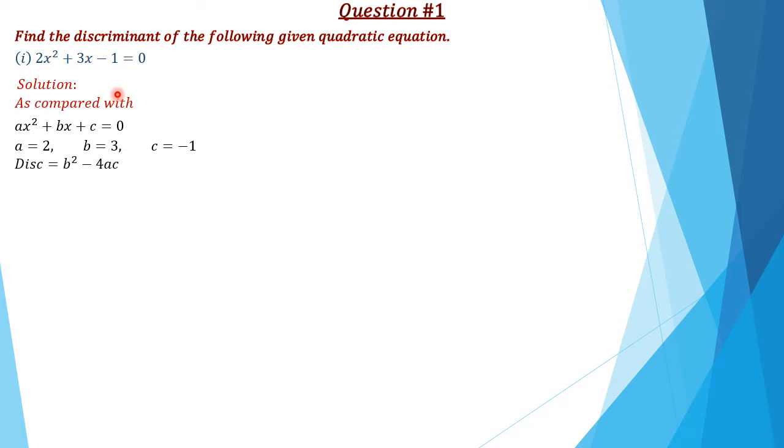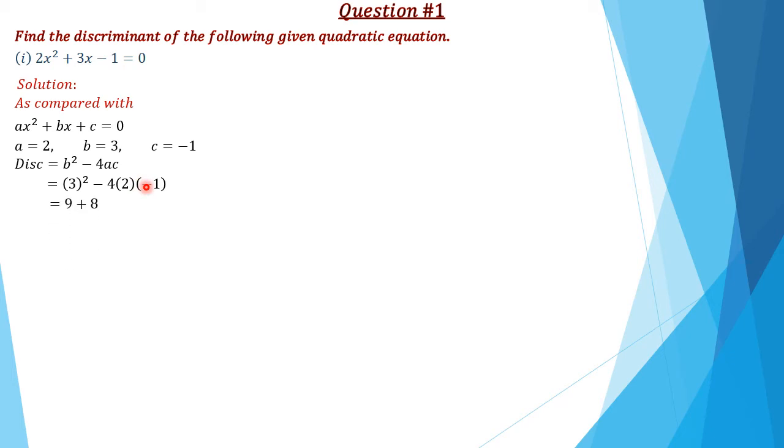Now as you can see, these are the values of a, b, c. Now we have to put them in the discriminant. What is the discriminant? As previously we have discussed, it is b square minus 4ac. This is the part that is written under the square root of the quadratic formula. We just have to put the values. The value of b is this, minus 4, the value of a is 2, the value of c is minus 1.